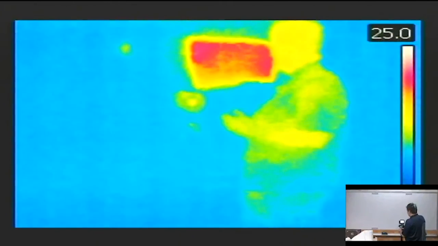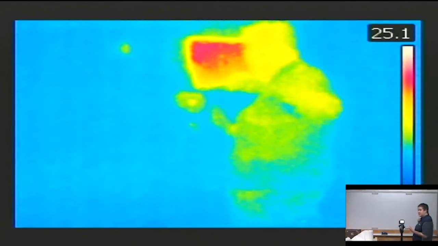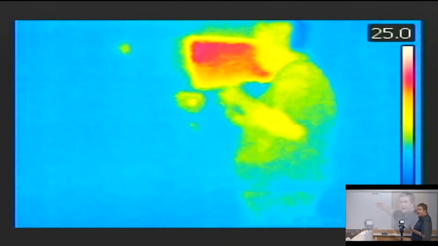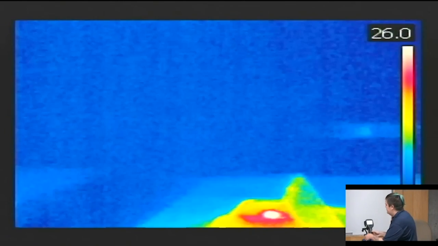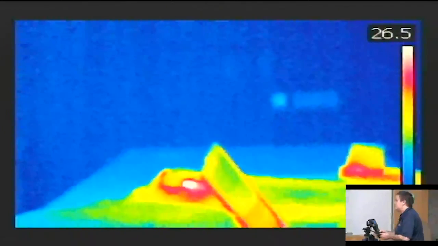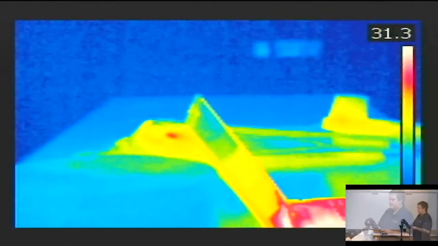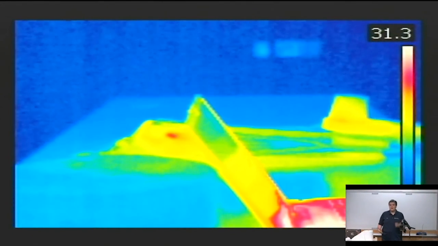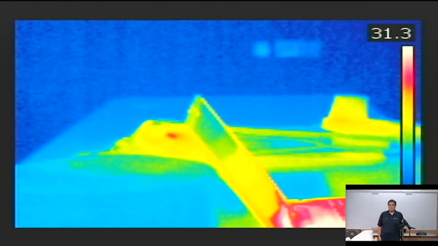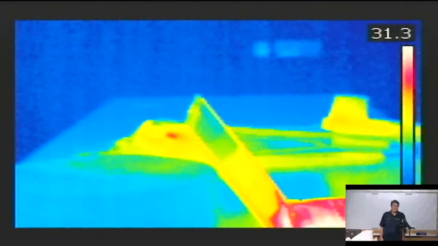And this is just reflection of the heat coming from my body off the whiteboard and back to the camera that the camera is actually able to pick up on. So these are just some fun, cool uses for a thermal camera that you can do with everyday items. There are more professional uses, but we like to have fun here.